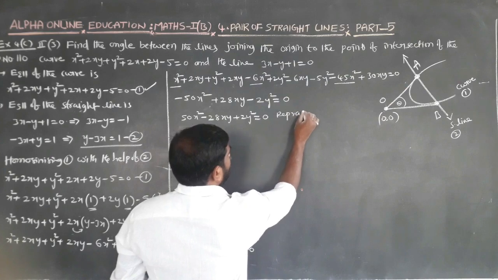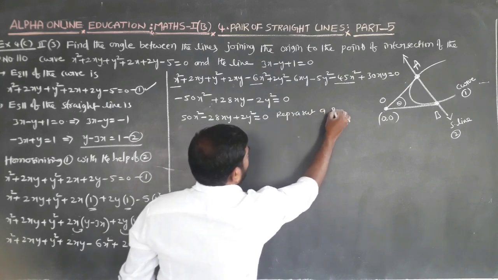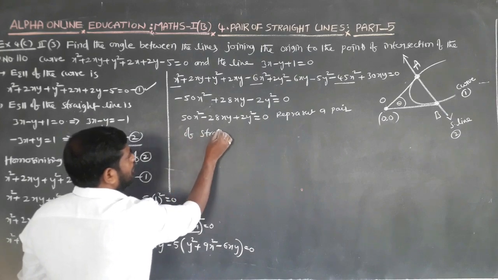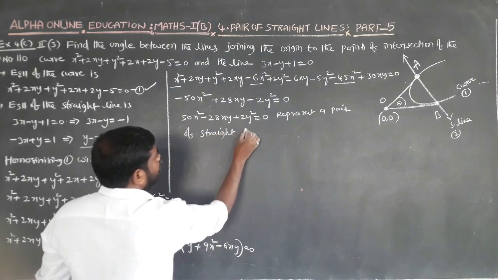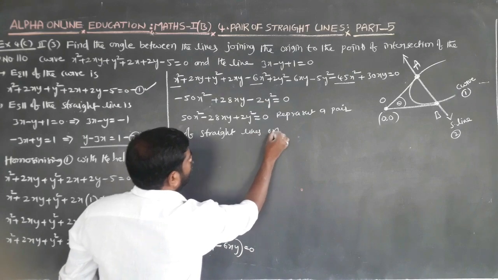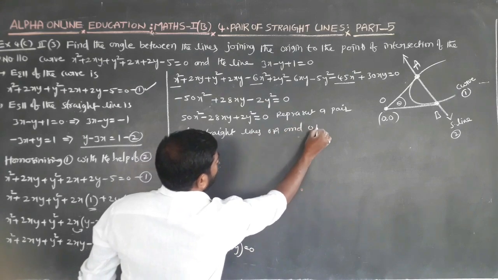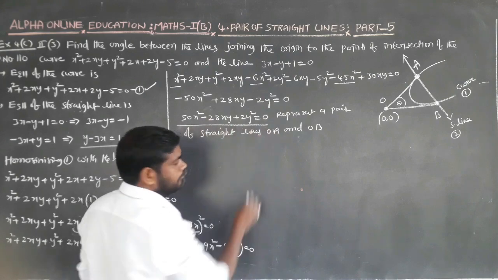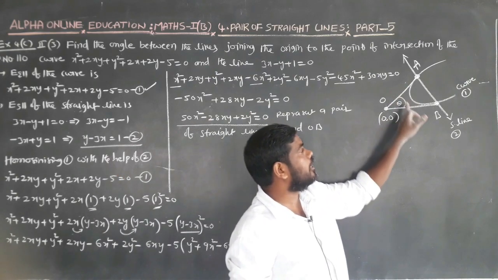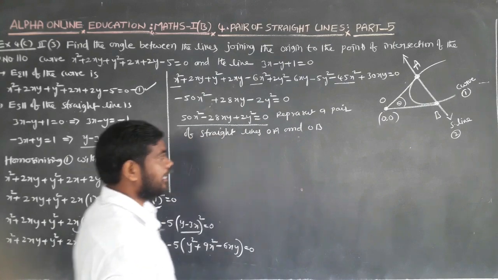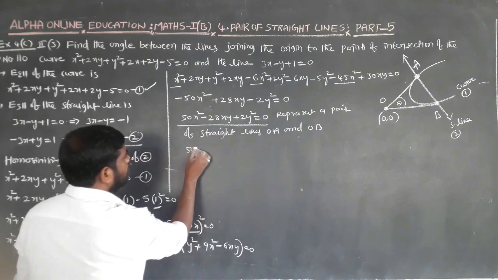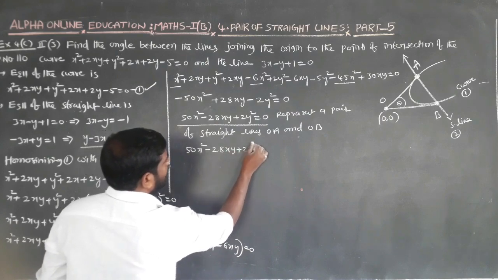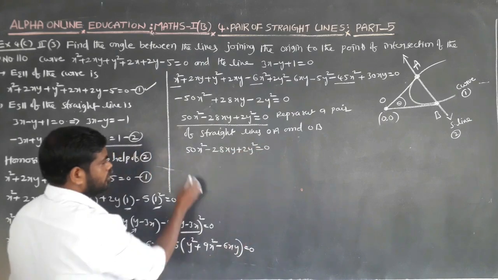This equation represents a pair of straight lines OA and OB: 50x square minus 28xy plus 2y square equal to 0.